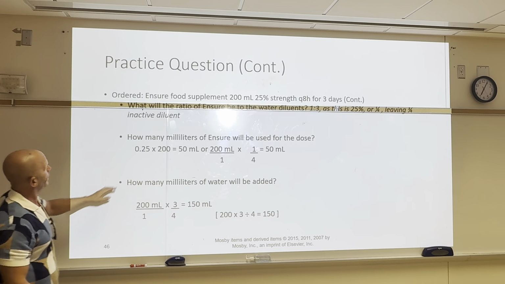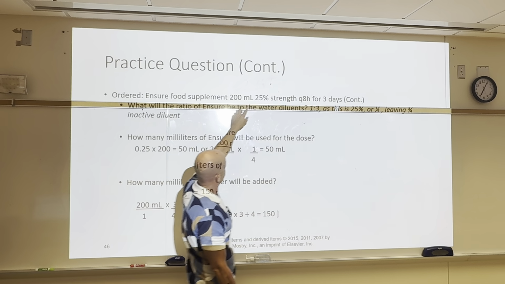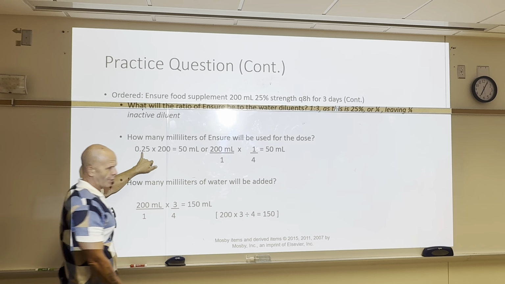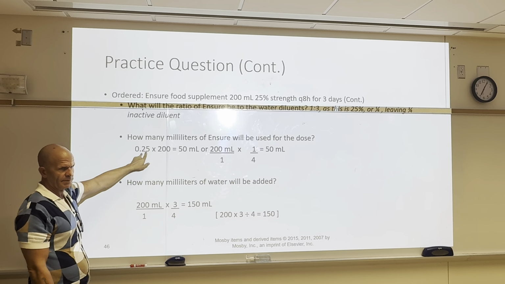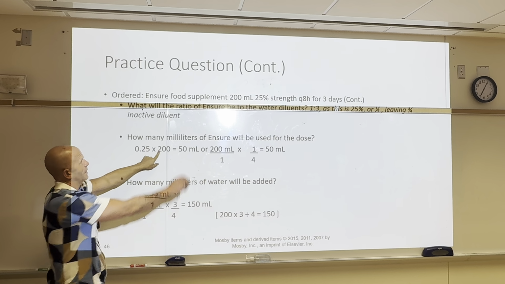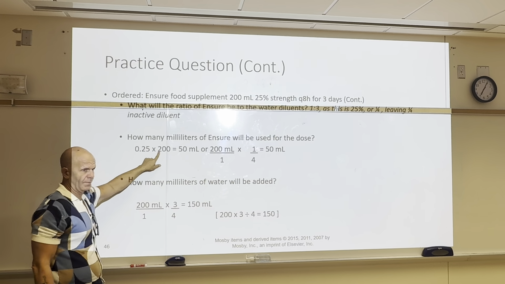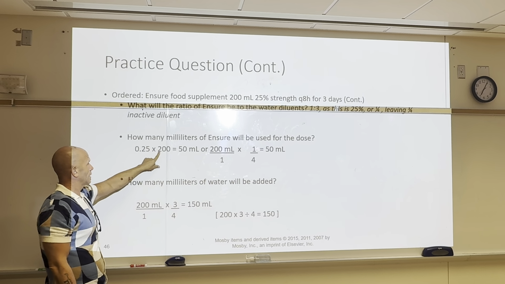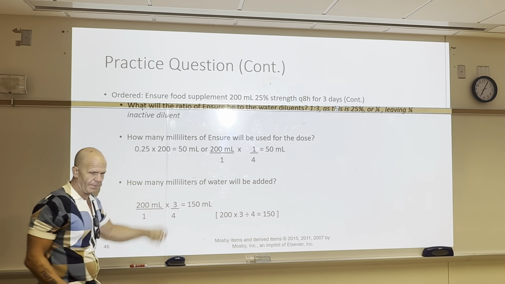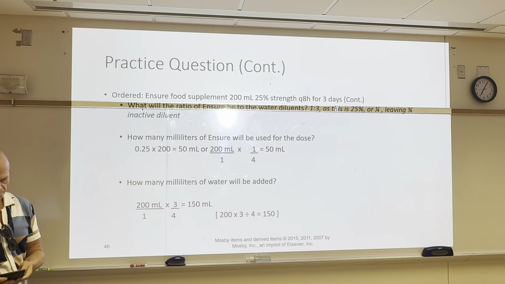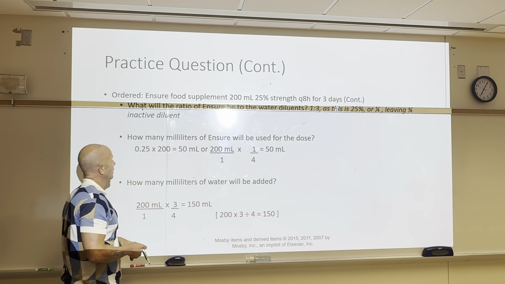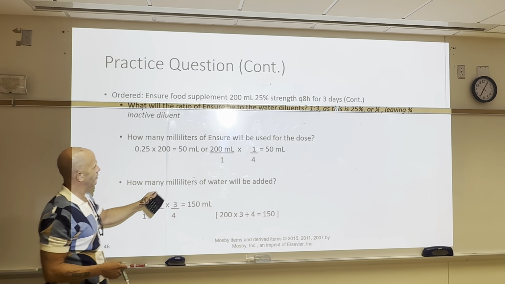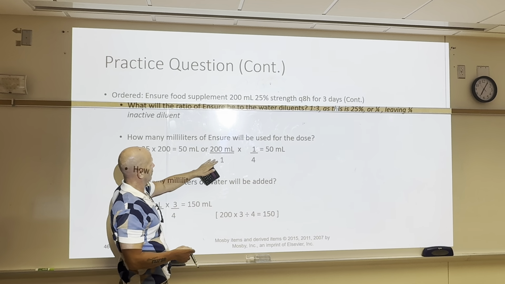So remember 25% is written as 0.25. Remember 25% or 25 cents, okay? The 200 is because they give you 200 mLs, okay? So what's 0.25 times 200? 50. Okay?